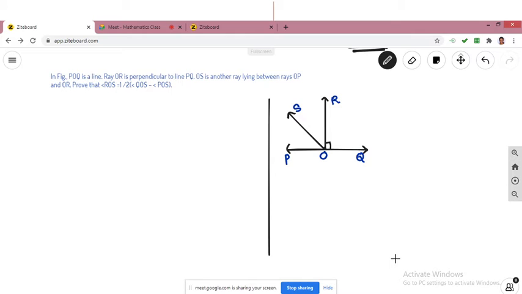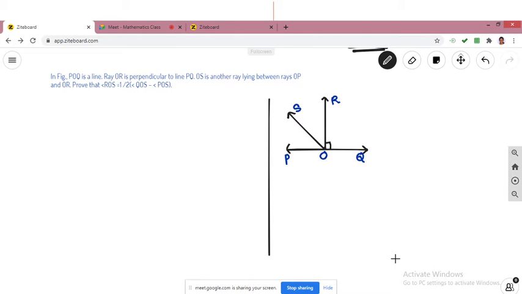So then angle ROQ is 90 degrees. Similarly, angle POR is also 90 degrees. So this angle and this angle are 90 degrees because OR is perpendicular to line PQ.